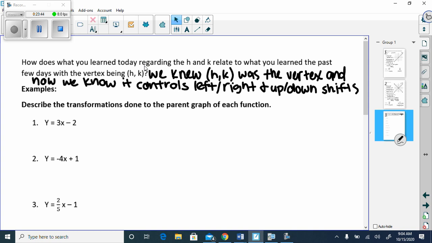Also, k does help control our range, right? We didn't just talk about that as well. Also, k determines range.